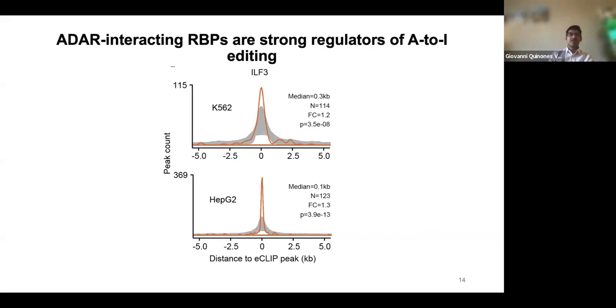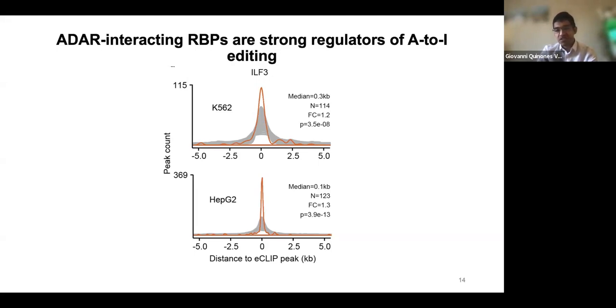So what this data is telling us is that this RBP does interact with ADAR based on previous assays, and it is also binding very closely to the differentially edited sites. It has a very selective mode of regulation. It is binding to the regions that are edited, but is not strongly regulating every time.